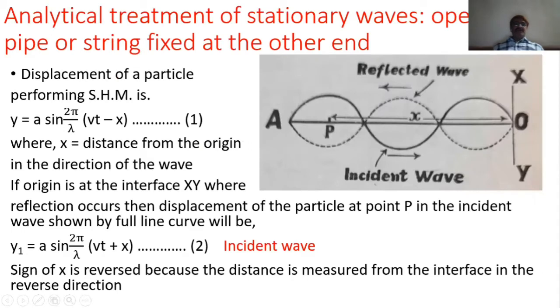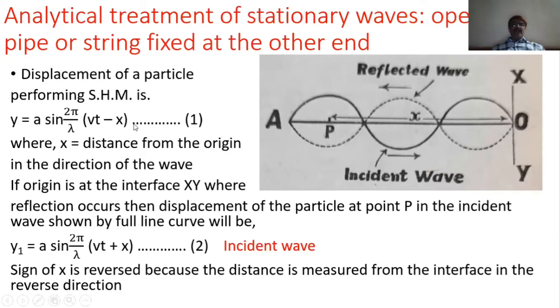Okay. So we know that the displacement of the particle performing SHM is written as y equal to a sine 2 pi by lambda into Vt minus x.